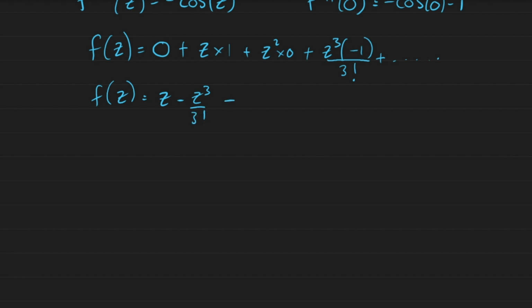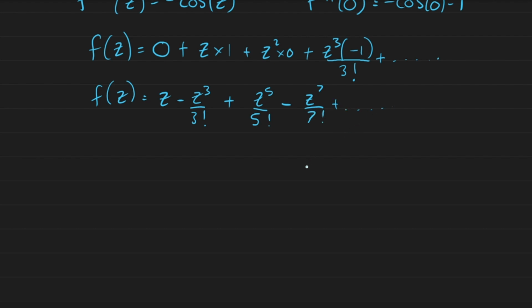Then we have plus z to the power 5. Remember that even numbers are 0, being multiplied by 0, divided by 5 factorial. And we have minus z to the power 7 divided by 7 factorial, and so on.